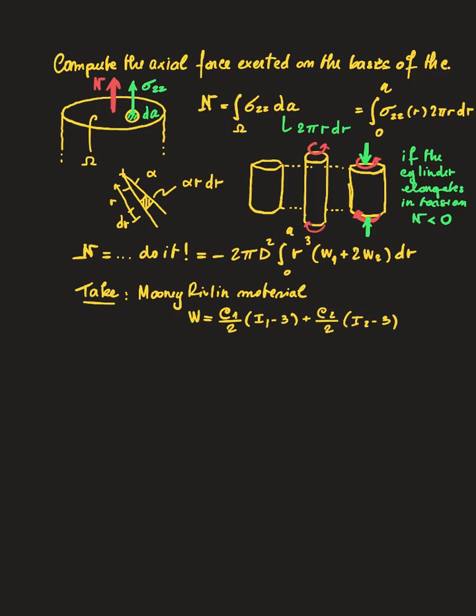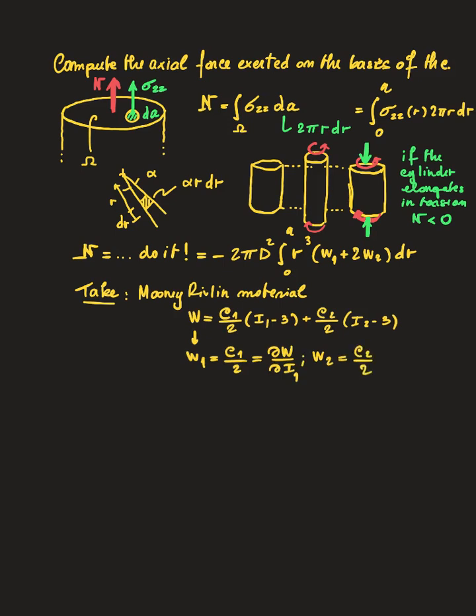In this case, you immediately see that W1 is just a constant equal to C1 divided by 2. I remind you that W1 means the derivative of the energy relative to the first invariant, and likewise W2 is just equal to C2 divided by 2.